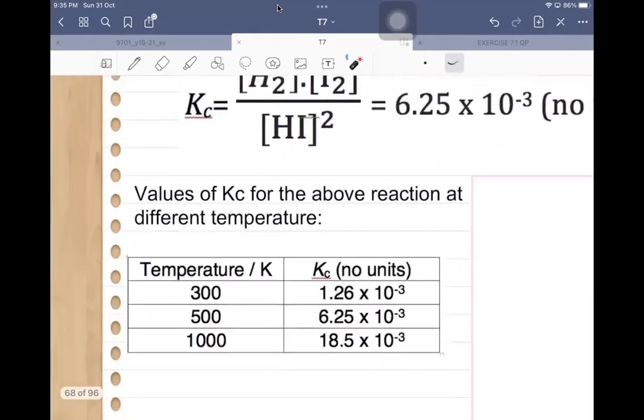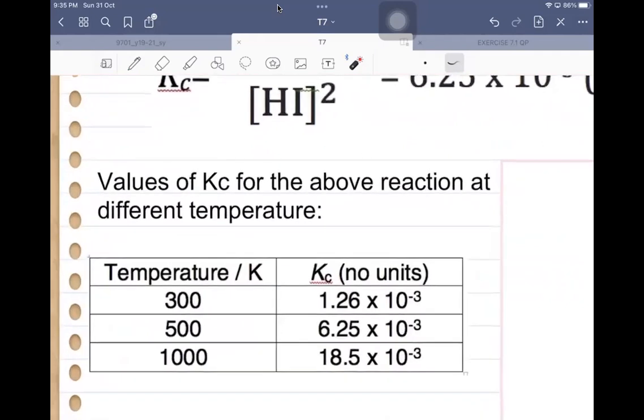Okay, if you bring your attention to the table, you can see that this table contains different temperatures and different Kc values. You would notice that as you increase the temperature from 300 to 1000, the values of your Kc increase as well.